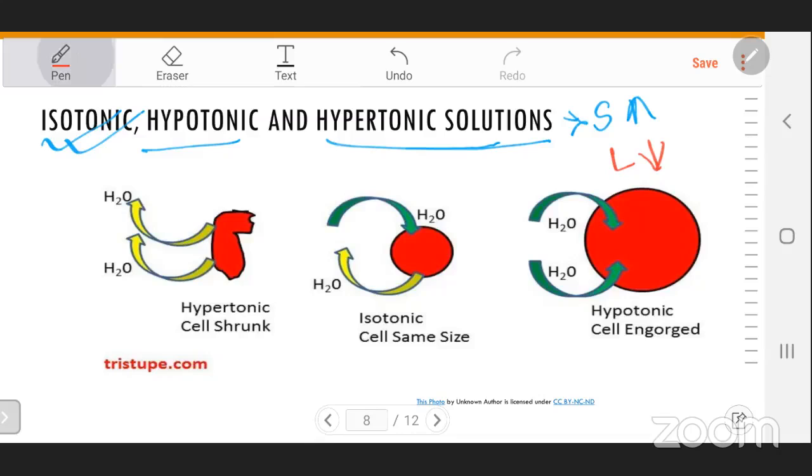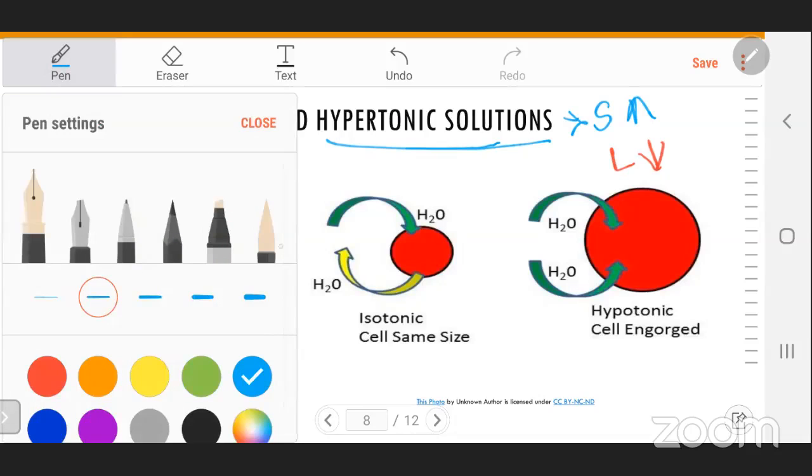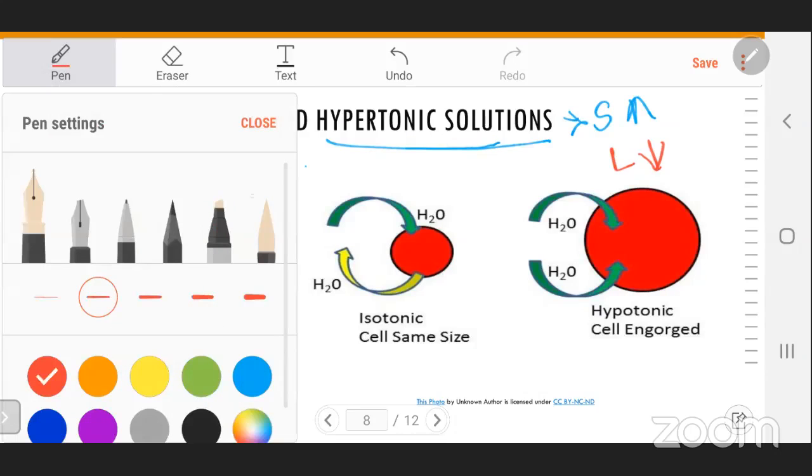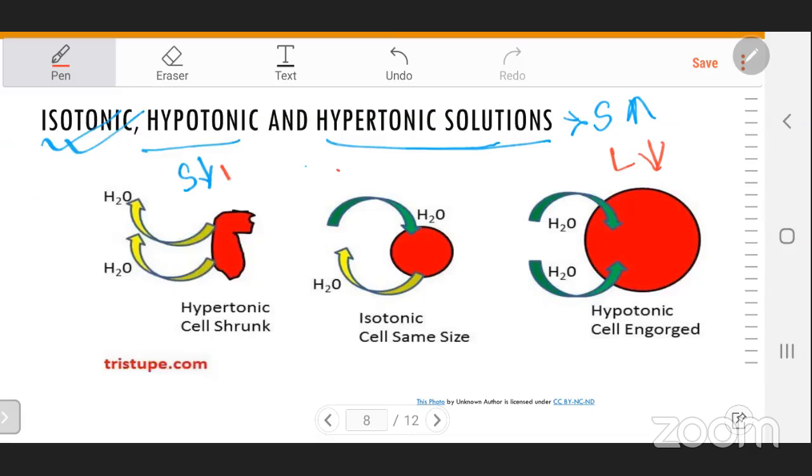Then in hypotonic, the amount of solid is less and the amount of liquid is more. In isotonic, there is an equal amount of salt and an equal amount of liquid.